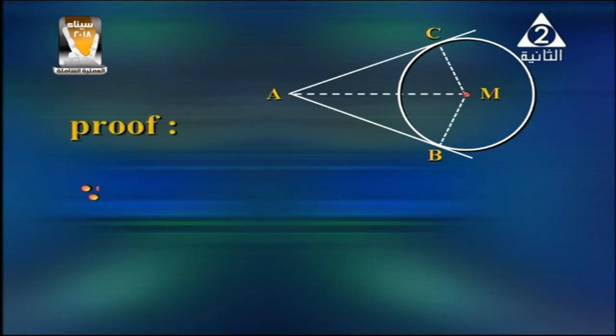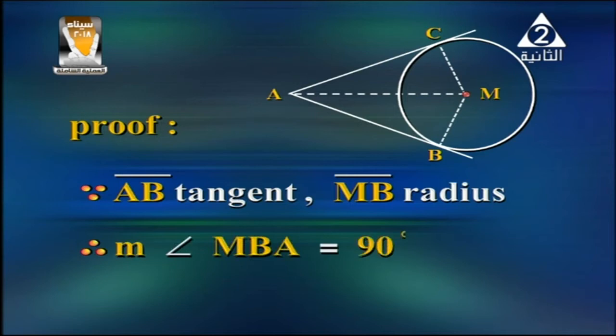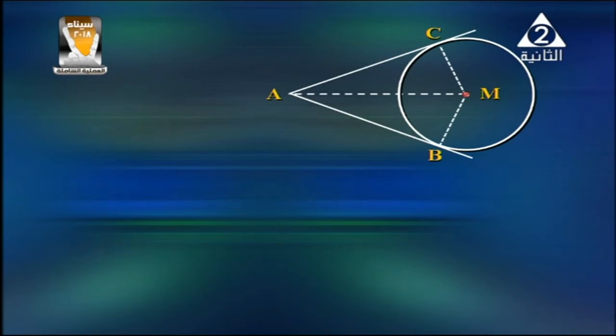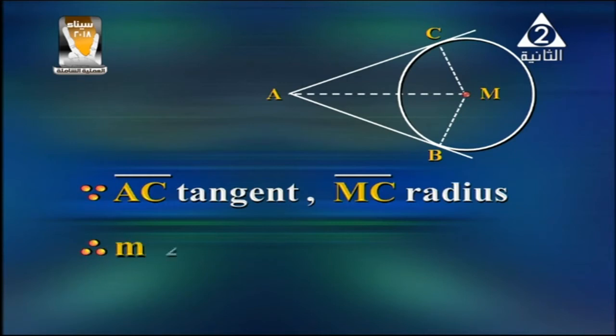Since AB is a tangent and MB is a radius of the circle, we can say that measure angle MBA equals 90 degrees. And since AC is a tangent and MC is a radius, therefore measure angle MCA equals 90 degrees. Then you have two triangles, AMB and AMC.